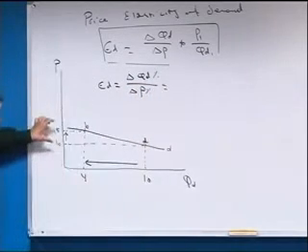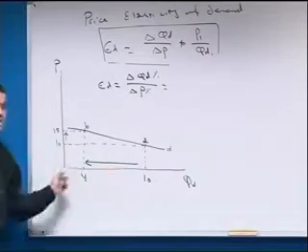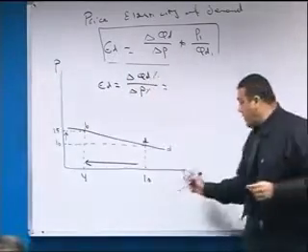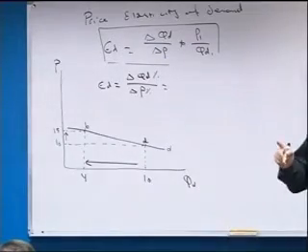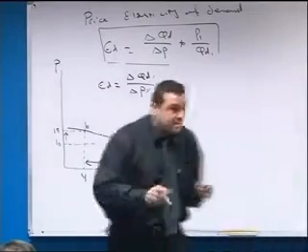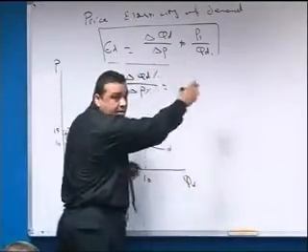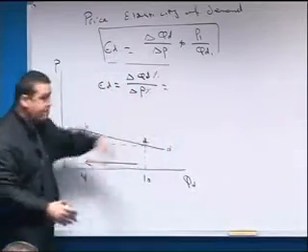The reduction in the quantity demanded is 60%, right? From 10 to 4, there is a reduction by 60%. The new quantity demanded minus the old one over the old times 100.